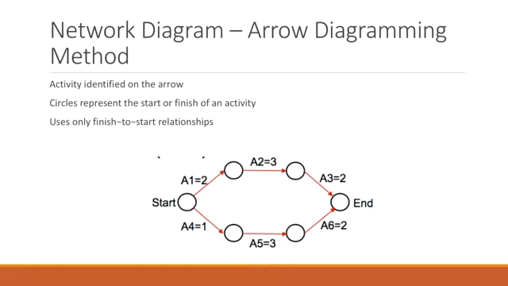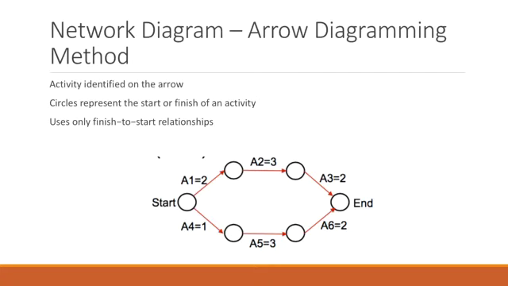The way it works is that it usually goes from left to right if you are looking at your screen right now. Each of the circles that you see are nodes. Those nodes don't really have a particular value; they are just points of convergence for different tasks. From each node there are arrows, where the head of the arrow points somewhere. The data on top of those arrows tells you how long each of those tasks or activities is going to take. So we have A1, A2 and A3.